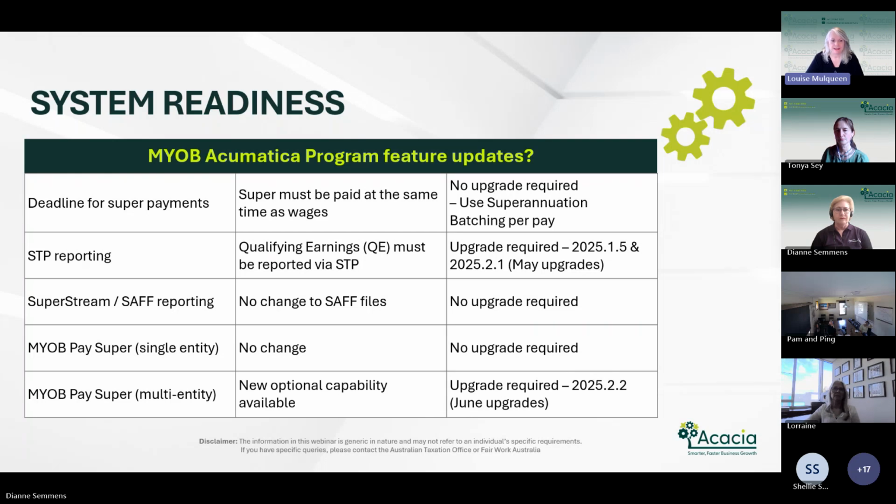So for meeting the deadlines of the super payments, the superannuation must be paid at the same time as wages. You actually don't need any upgrade for that. With the current software that you have, you can start using, if you're not already using, the superannuation batch paying process for that.